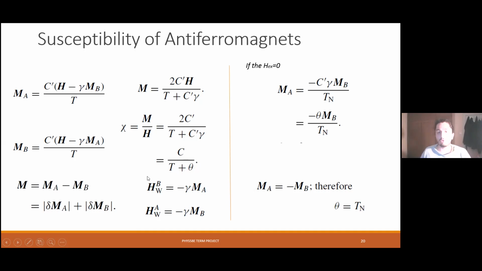If we want to calculate the susceptibility at the Néel temperature without an external magnetic field, we can assume that the only field affecting a magnetic moment is, for example at B, the molecular field constant times minus MA, and vice versa. When we insert the variables, we can see that the theta term equals the Néel temperature.